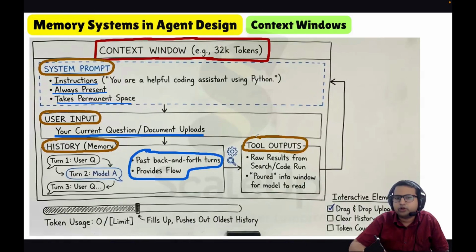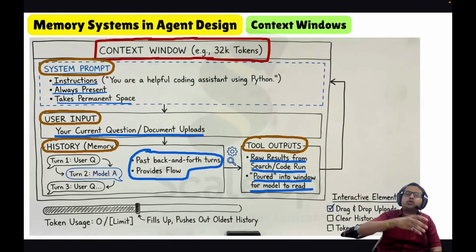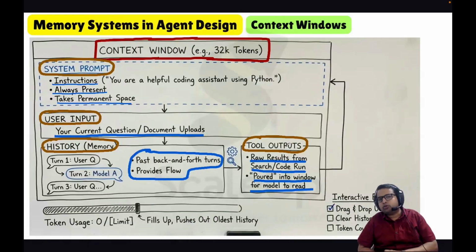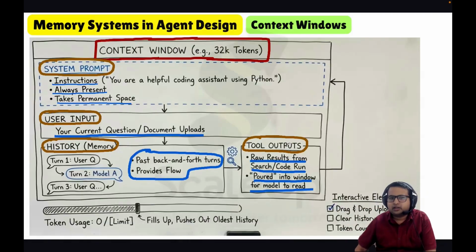So the context window also contains the tool outputs, like the raw results from a search or code run. These results are poured into the window so that the model can read them. The output of the tool, we directly store in the active context window so that we can very easily send it to the large language model.